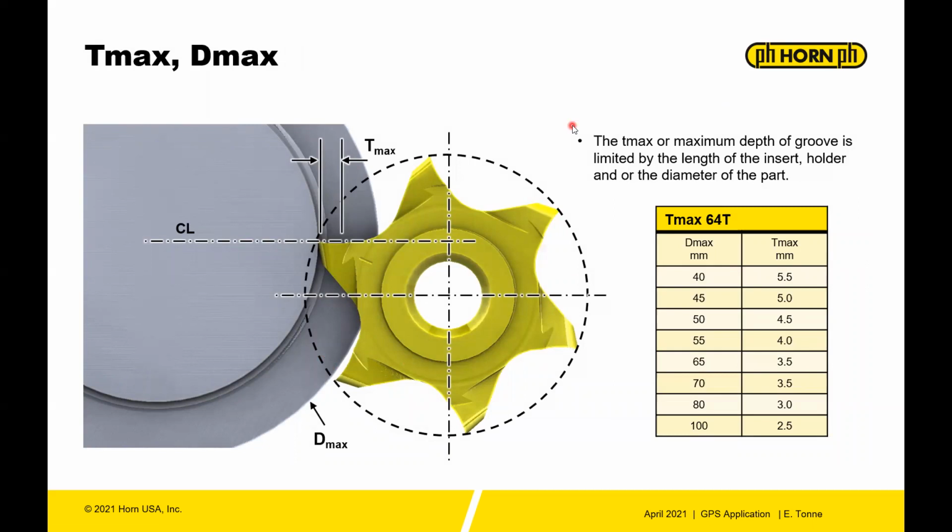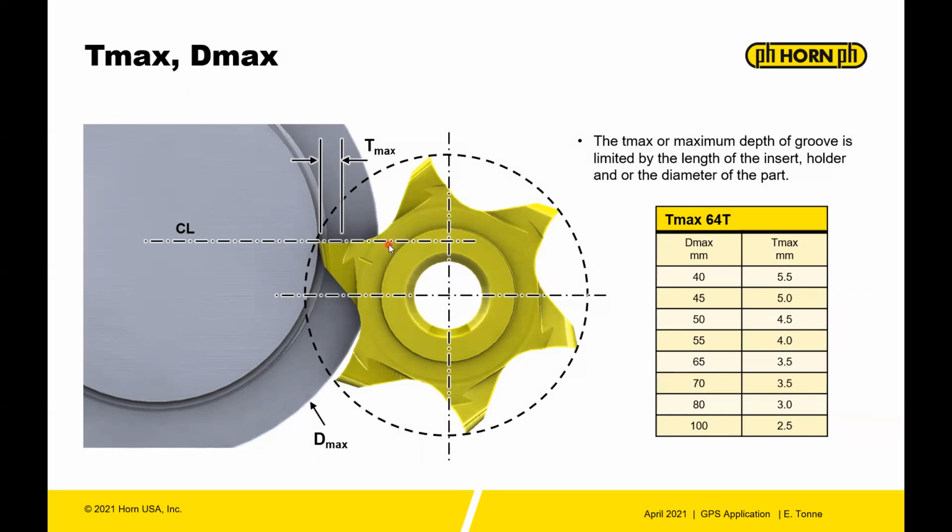So another parameter to think about is Tmax and Dmax. Tmax, the T is short for Tiefe, which is a German word for depth. And then your Dmax is your diameter max. That's often not thought of, that there is a maximum diameter of your part. But I assure you, tool holders are designed to maximize the strength and stability, so there are Dmax or diameter max constraints.